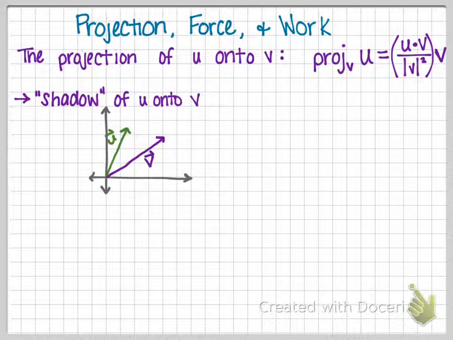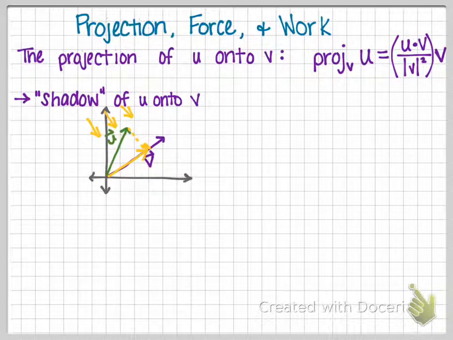So the shadow, now if we were to think about like a light source, like, you know, maybe there's the sun coming in and it's going to be perpendicular to that vector v. So if we think about it that way, u is going to make a shadow down here onto v, and that is where the projection of u onto v is going to be. So basically it's going to be in the direction of v, but still have the magnitude of u.